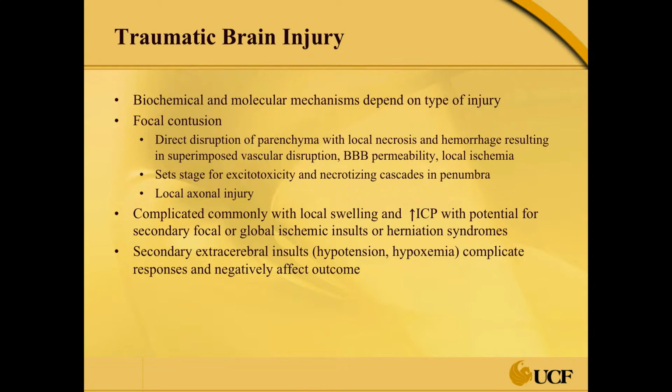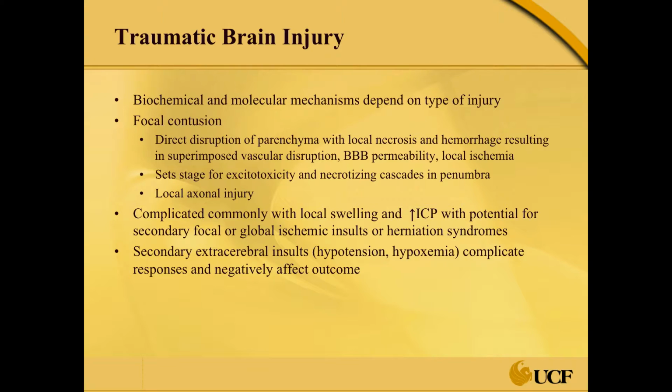With traumatic brain injury, there are biochemical and molecular mechanisms that can occur, and these oftentimes depend on the type of injury that we're talking about. So, for example, in a focal contusion, you get a direct disruption of the parenchyma with local necrosis and hemorrhage, resulting in superimposed vascular disruption, blood-brain barrier permeability, and localized ischemia.